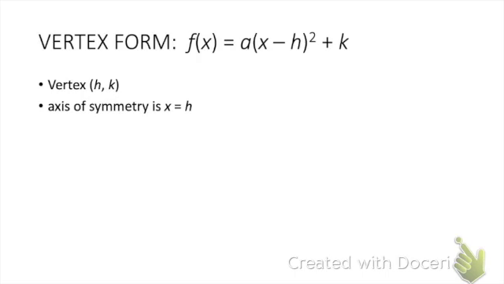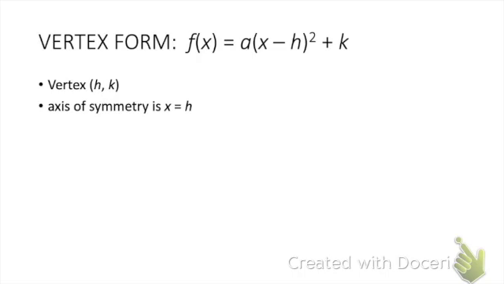So if I can get my quadratic to look like this, f of x is equal to a times the quantity x minus h squared plus k, I now know that my vertex is going to be the coordinates h comma k, and my axis of symmetry is going to be x is equal to h.